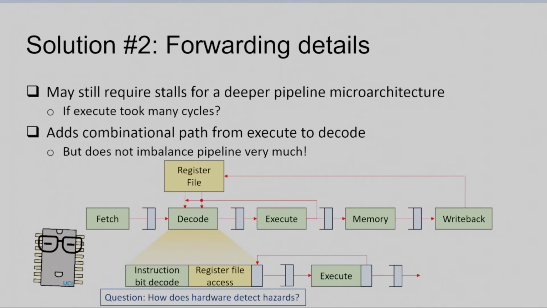The decode stage can't afford to send a read request and response to the later pipeline stages every cycle, because that's going to take multiple cycles. The answer to this question is going to come up in one of the later lectures, because that's also another interesting design point.